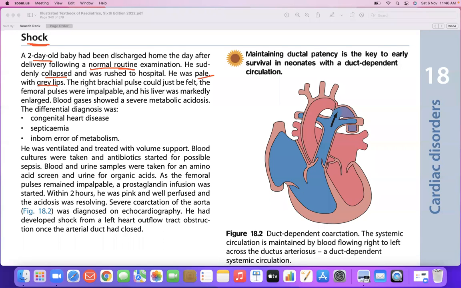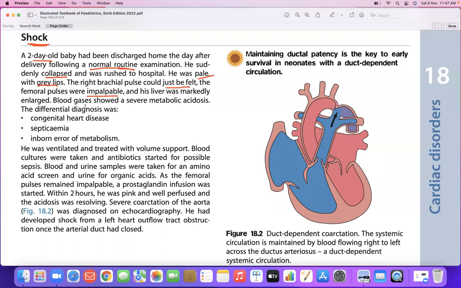The right brachial pulse could just be felt and the femoral pulses were impalpable. But when he was examined to start with, he was fine. At home he collapsed, with pale and gray lips, feeble right brachial pulse and impalpable femoral pulses.